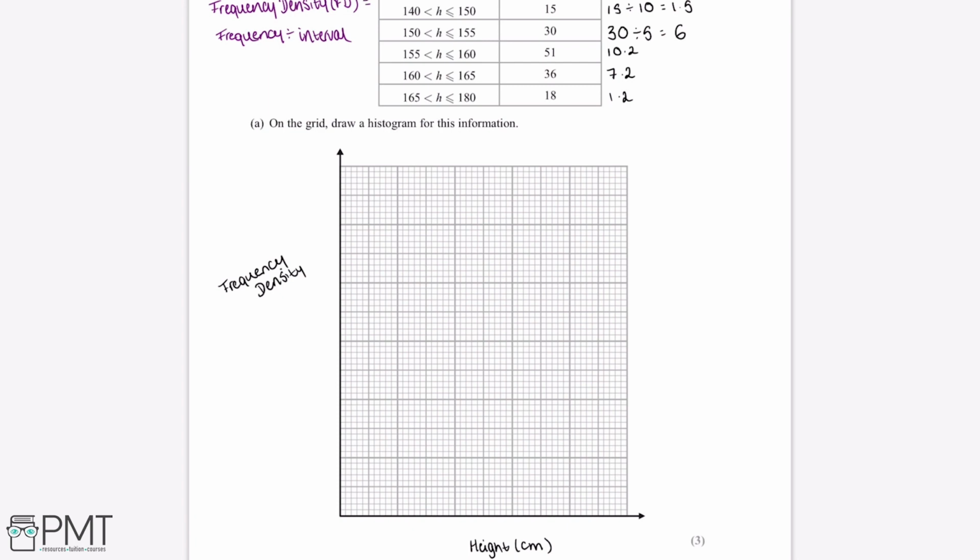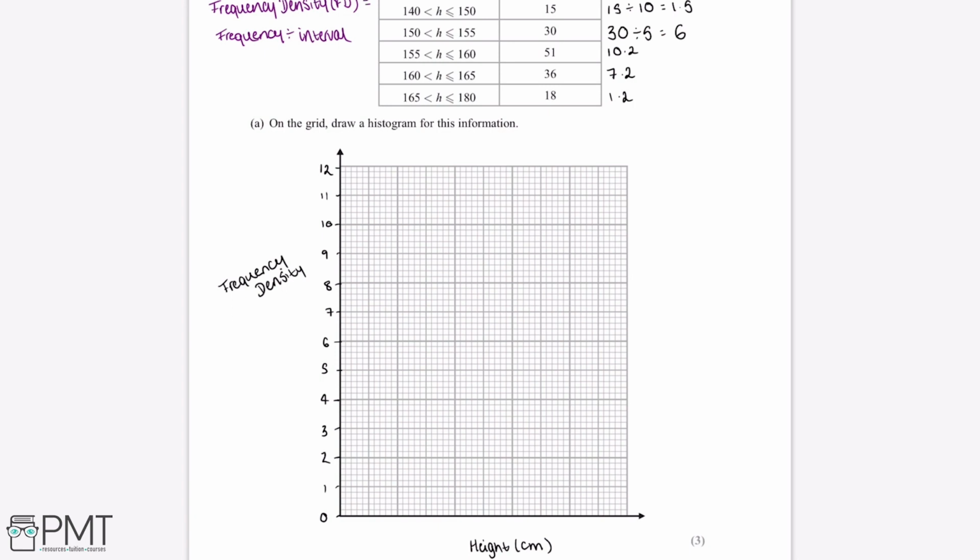So if we start off with our frequency density, the values for our frequency density are between 1.2 and 10.2. So a suitable scale would be that every 5 squares is equal to a frequency density of 1. Next, the height.